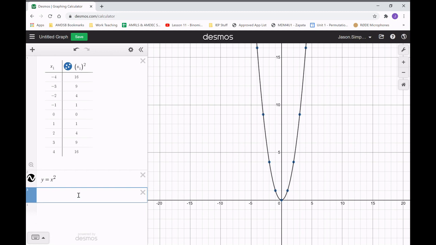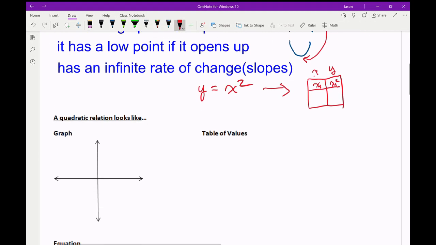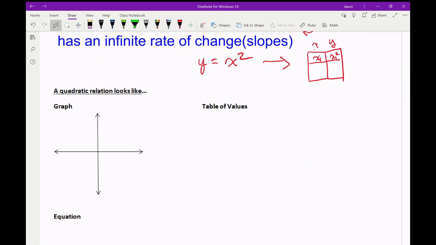So here's what a quadratic relation looks like on a graph. If it's opening up, it looks like this. If it's opening down, it looks like this. It doesn't necessarily ever stay in the same place on the graph. So technically, you could think of it as being able to move up.